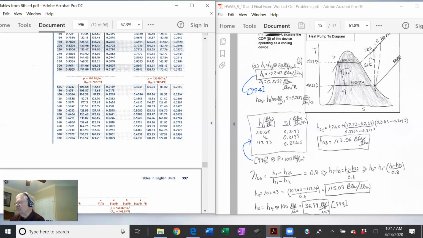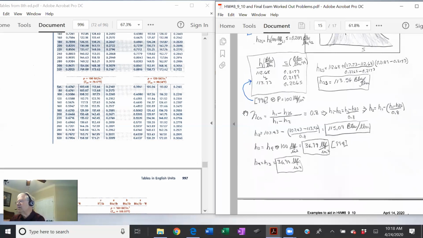And use this formula that h of 2s is equal to h1 plus dy over dx times the actual s minus s1. Y is h, so it's 117.73 minus 112.68 over 2265 minus 2173, times s at state 1. We get h2s is 113.56.